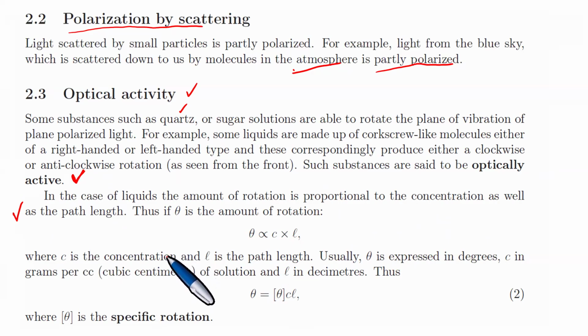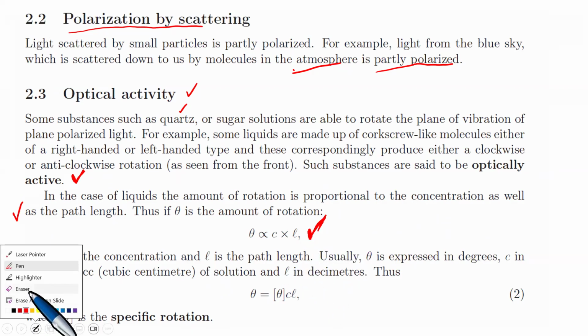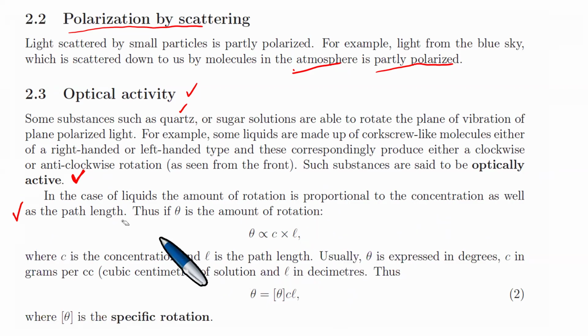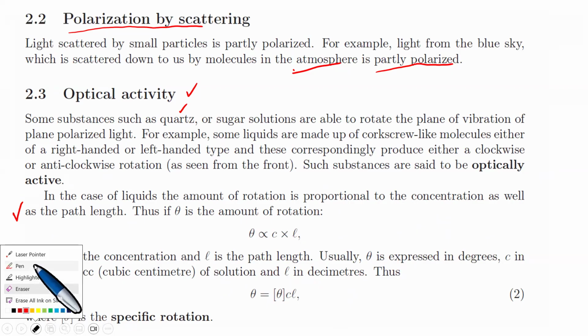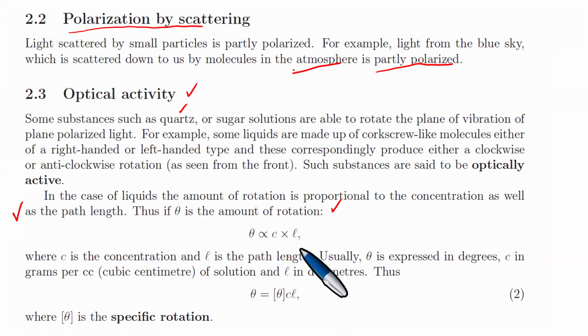Thus, if theta is the amount of rotation, we have that theta is directly proportional to C times L, where C is the concentration and L is the path length.